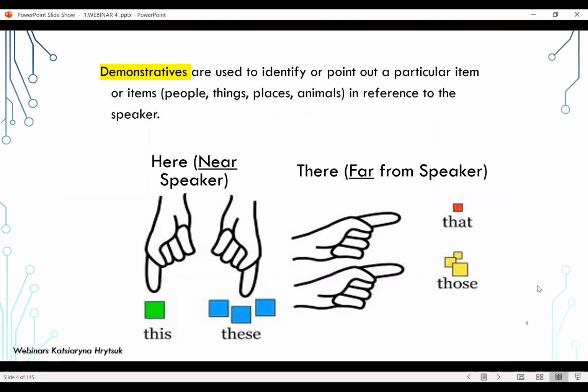Let's move to more specific examples here and a definition of demonstratives. They're used to identify a particular item or items, like people, things, places, or animals, in reference to the speaker. So we can say here, near the speaker, and there, far from the speaker.